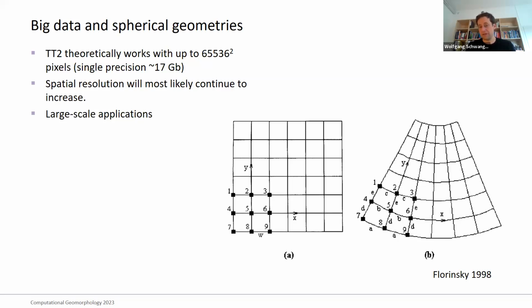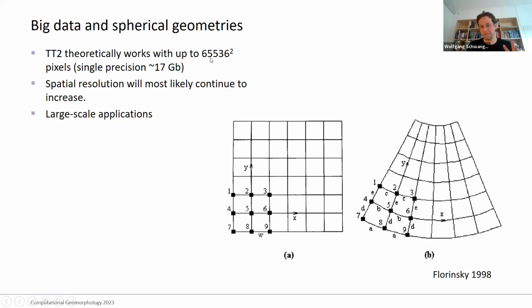TopoToolbox keeps everything in main memory, so it's a bit limited by the RAM that you have available. Theoretically, it also stops working as soon as you have more than 65,000 something squared pixels. Imagine a DEM with that many rows and that many columns. That's the maximum you can do.